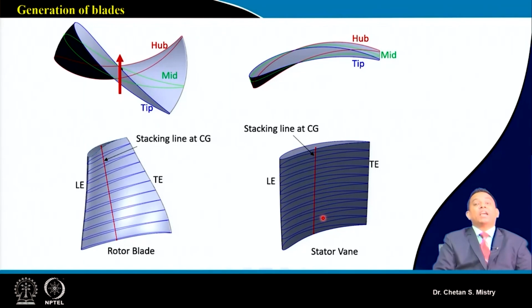Maybe they will stack about the trailing edge, maybe about the leading edge. This is all the designer's criteria. And if you recall, for our stator we have shown where we had dihedral and sweep. All those things you can practice.